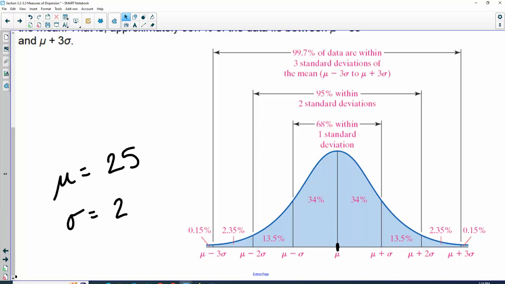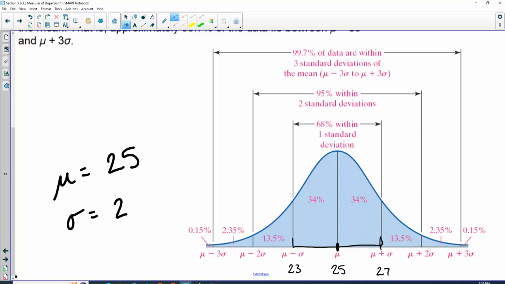So 25 is the center point. If you add one standard deviation, that would be 27. If you subtract one standard deviation, that would be 23. So if you went to your original data and counted how many of your values were between 23 and 27, you would have approximately 68% of your points. Okay, that means 34% would be below, 34% would be above.